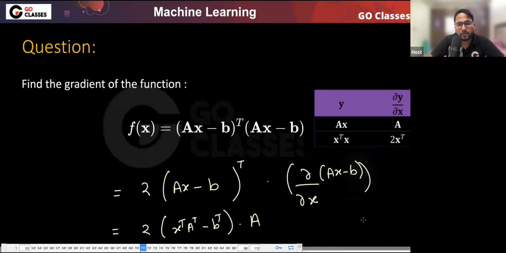So it follows X transpose A transpose A minus B transpose A. Just a second, let me check. Is everything correct or is there something we have missed? Yeah, 2 is fine.